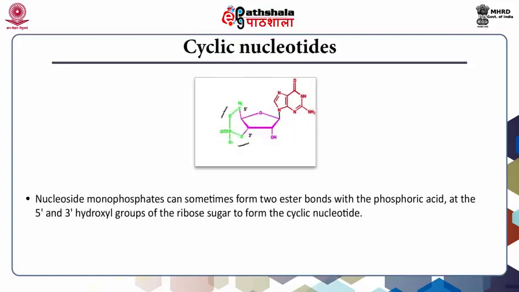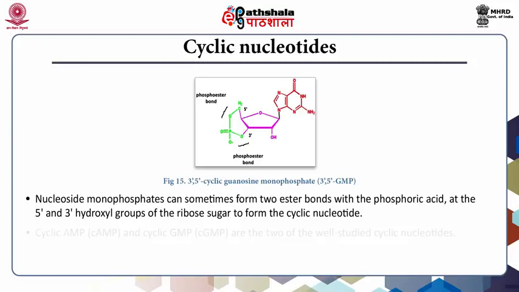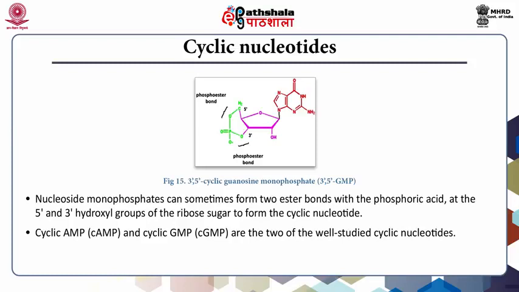Nucleoside monophosphate can sometimes form 2 ester bonds with phosphoric acid at the 5' and 3' hydroxyl groups of the ribose sugar. This results in the formation of a cyclic nucleotide. These are abbreviated as cNMPs, where c stands for cyclic and NMP stands for the respective nucleotide.